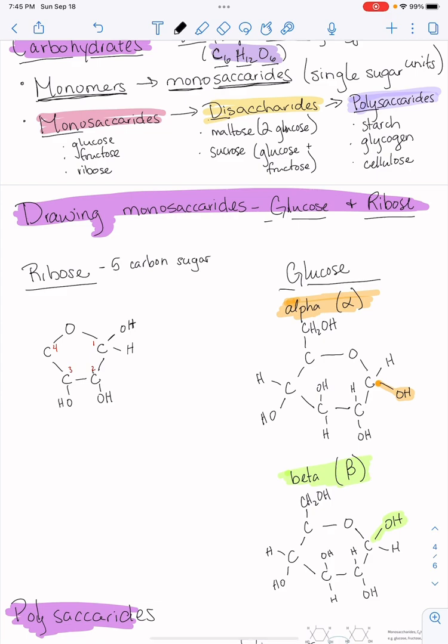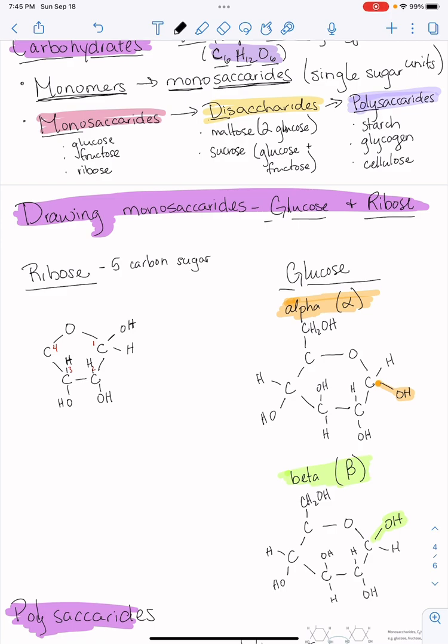Then I'm going to draw my little hydrogens. Remember, carbons can form up to 4 single bonds, so I want to make sure that all of them have 4 single bonds.